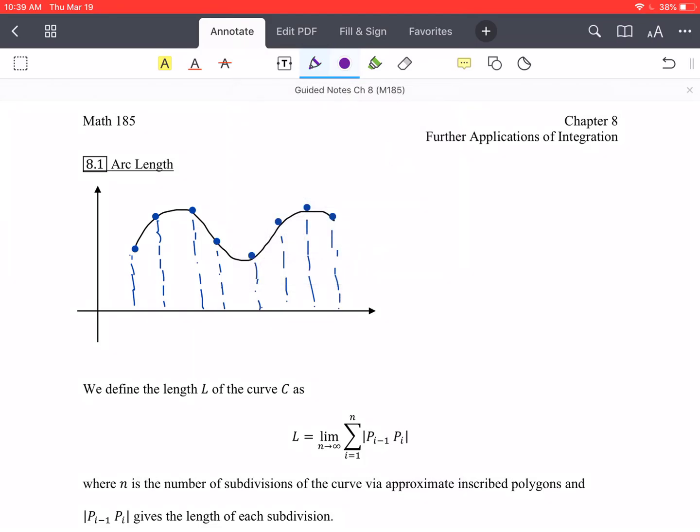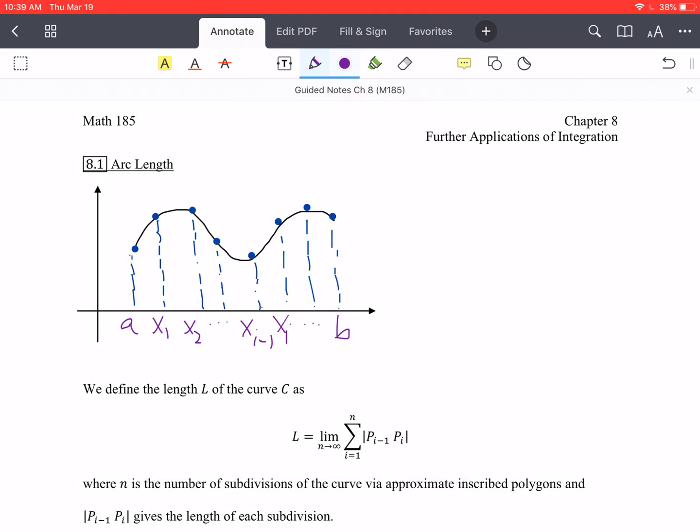On the interval, we're going from a to b, and then each of these points in between, we're going to start labeling like x1, x2, x3, etc. And then in the middle here, we're going to have x sub i minus 1, and then x sub i. These are just arbitrary, so they could occur anywhere. It's just a labeling thing. x sub i, and then that continues onward there.